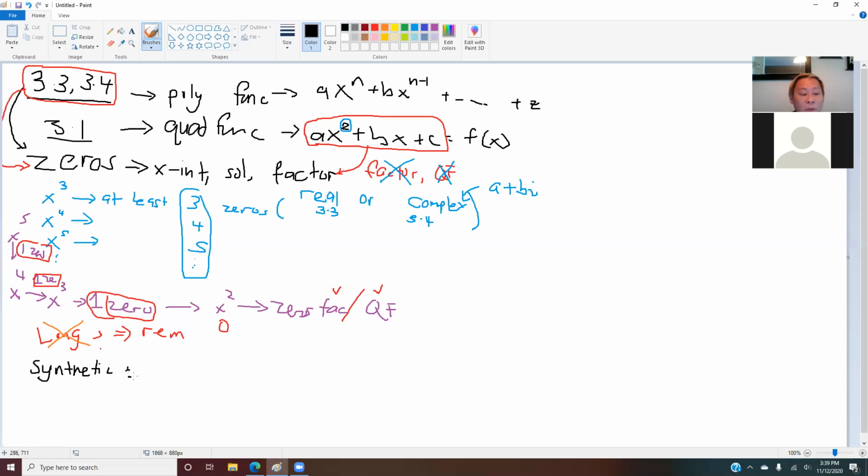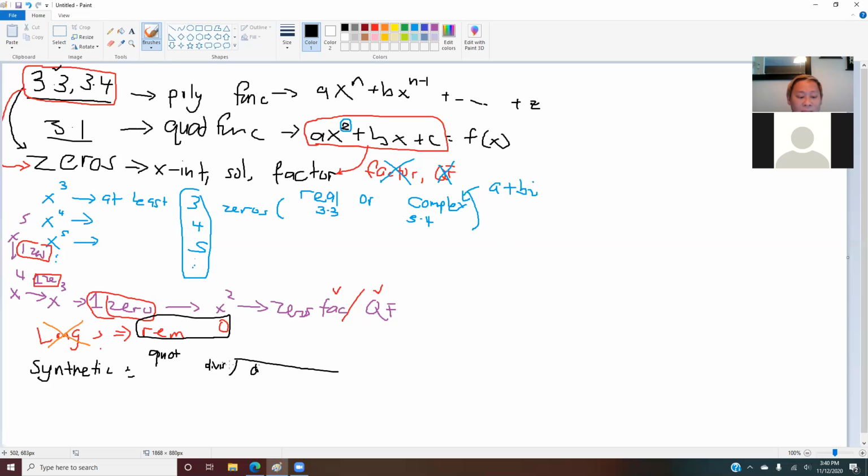So that's why when you look at 3.3, the first few questions that they ask you is to perform synthetic division. This synthetic division is to teach you how to find your remainder and how you find your quotient. Okay, so for example, when you do a long division, this is what we call a divisor.